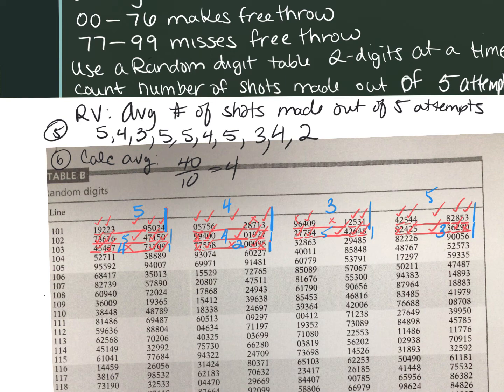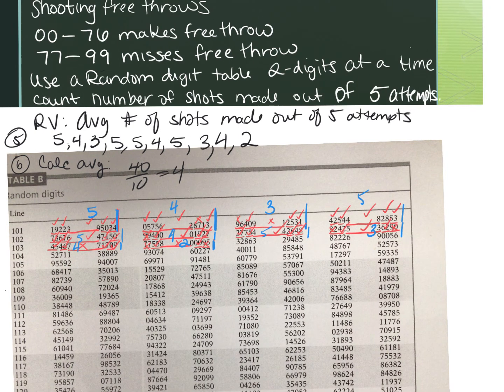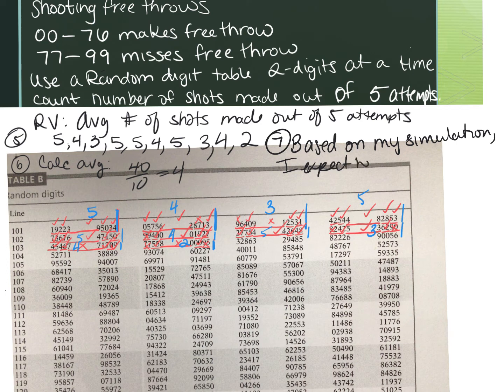So then we say, based on our simulation, that is our conclusion. Based on my simulation, I expect her to make an average of 4 out of 5 shots.